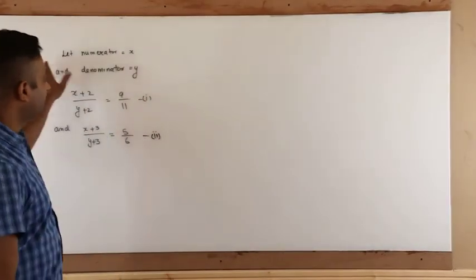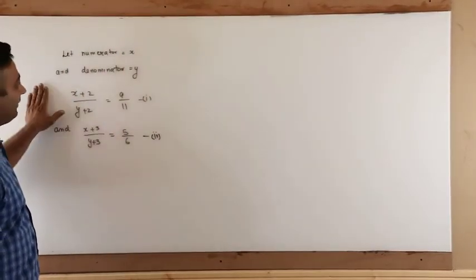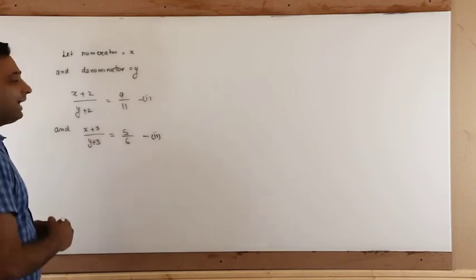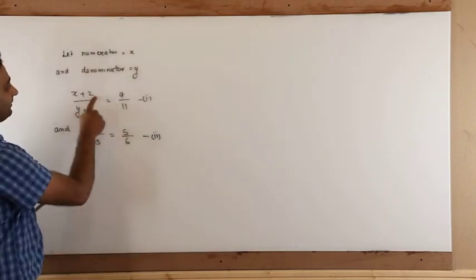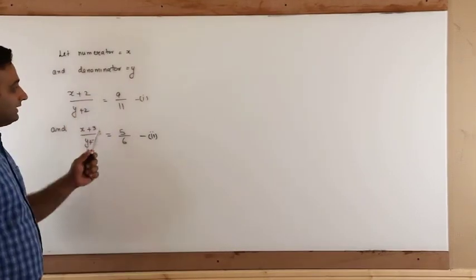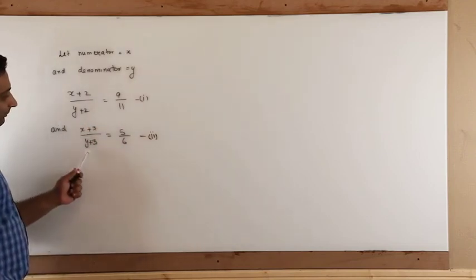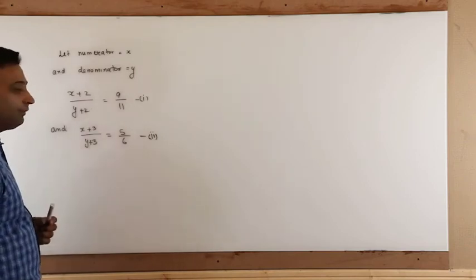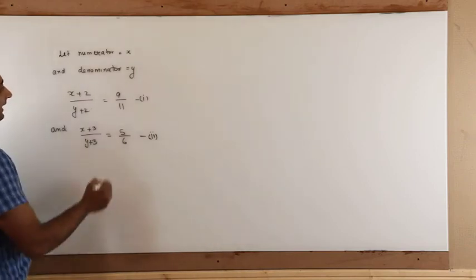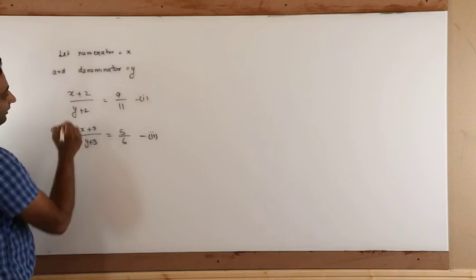Let the numerator be equal to x and the denominator equal to y. According to the given conditions, (x plus 2) upon (y plus 2) is equal to 9 by 11 and (x plus 3) upon (y plus 3) is equal to 5 by 6. Let us find the equations.